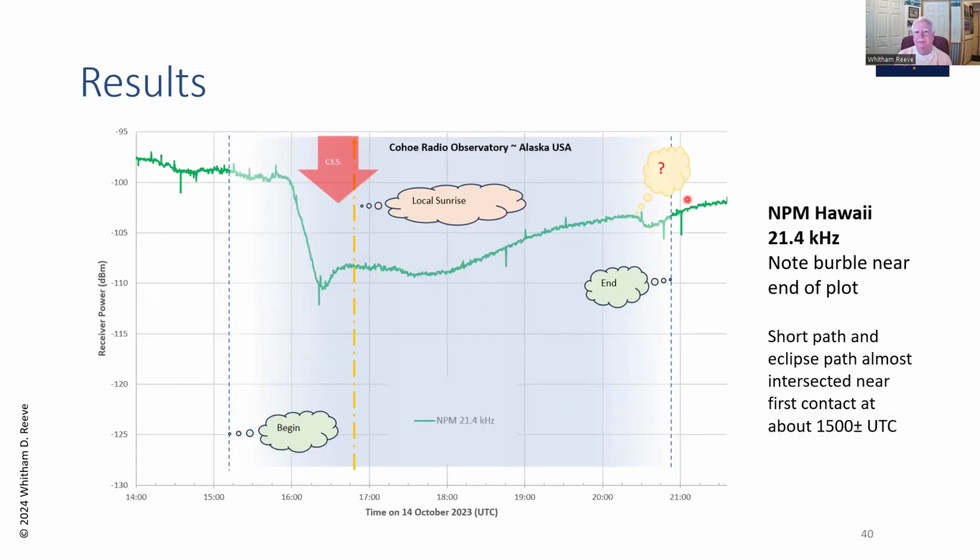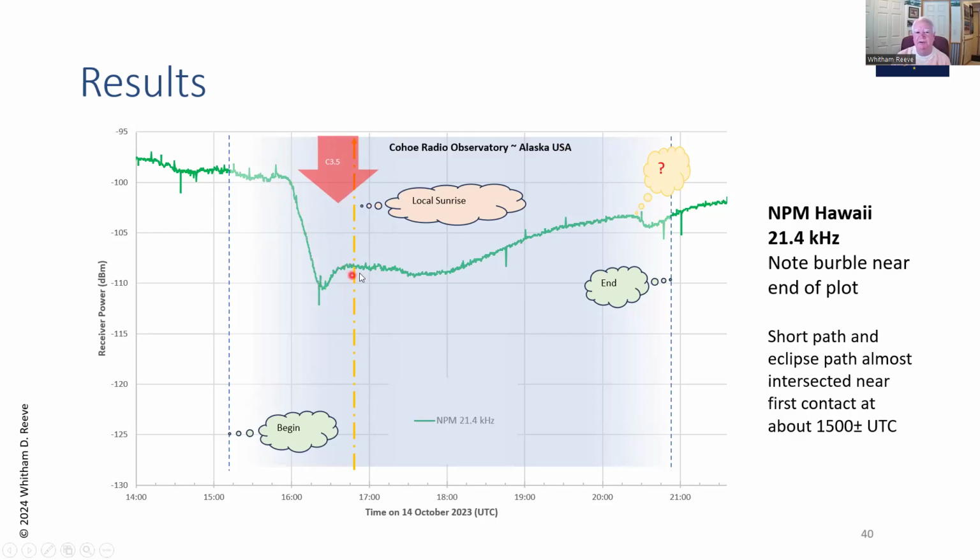Now, the plot that's shown here is NPM in Hawaii. This is the one that's almost exactly south of Coho. You can see a sunrise effect here. You don't see any effect from the flare, as that was before sunrise.